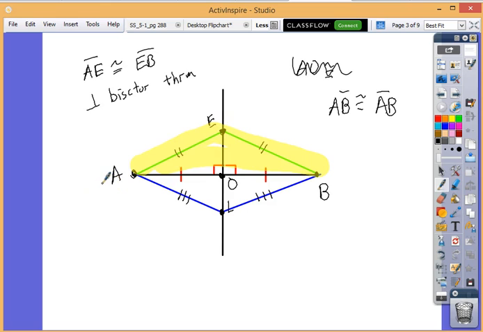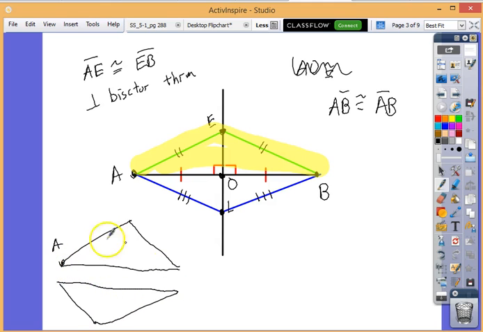I think the angle in the middle is, wait, which triangles? The top triangle and the bottom? The yellow triangle and the triangle not highlighted. Well, they both have the perpendicular bisector in common, so they would both have 90 degrees in the middle. Okay, but none of these 90-degree angles are angles of this triangle. Oh, yeah. Okay. So I'm ignoring that information. Basically, I'm asking you why you're telling me that that triangle and that triangle.